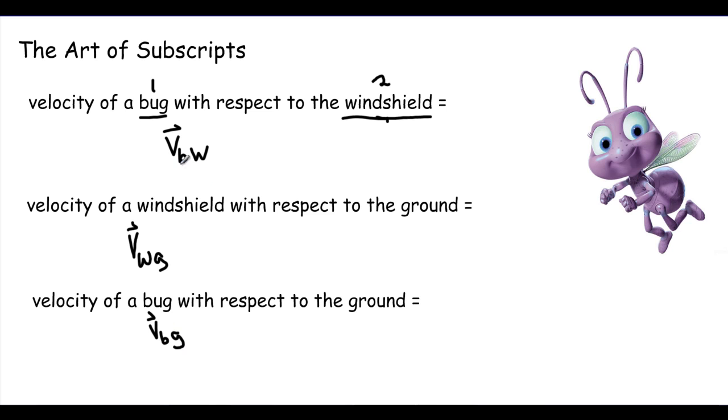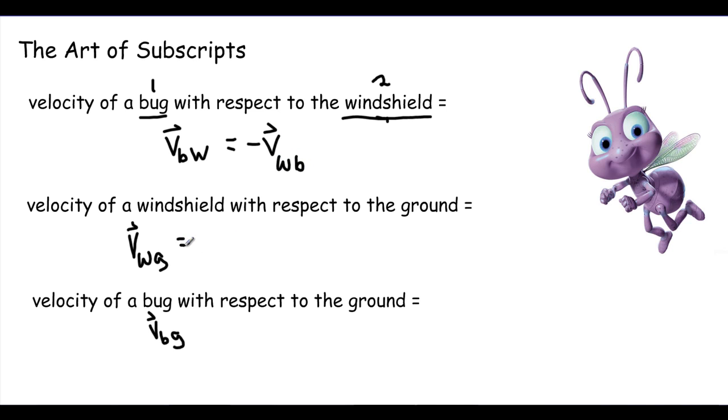Now, it's important that you keep these subscripts straight, okay, because if you don't keep the subscripts straight, then the equations are not going to work out properly. Now, one thing that we also need to know is that the velocity of the bug with respect to the windshield is exactly equal to the negative of the velocity of the windshield with respect to the bug.